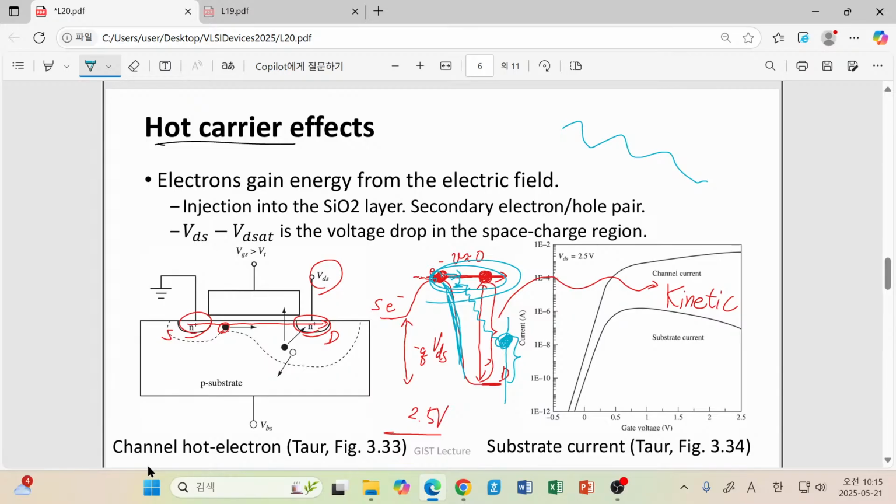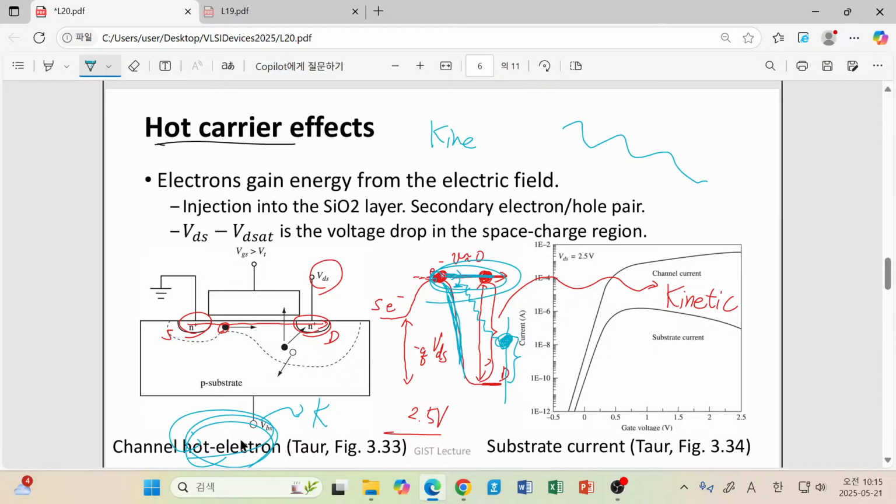Once it succeeds in arriving at the drain side, it becomes a super fast electron, having quite high energy. This electron is called a hot electron. Why is it called hot? We believe that high kinetic energy corresponds to high temperature. From this analogy, when we say hot electron, it means that its kinetic energy is so hot.